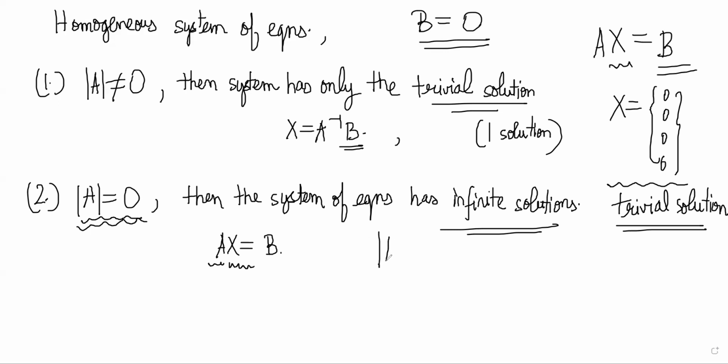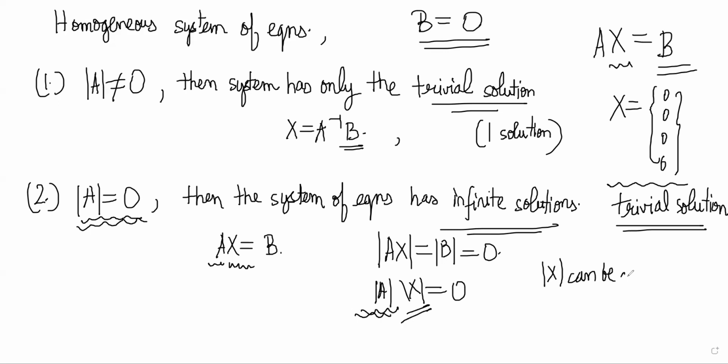We can say that det of Ax is det of B, and this is zero, and we know det of A times det of x is zero, but det of A is given as zero, so det of x can be anything. That gives us a hint why X has infinite solutions, but X is a column matrix, right? So it can't have a det.